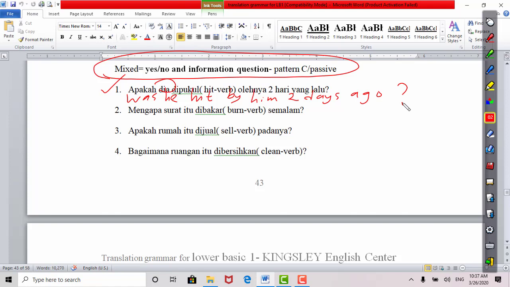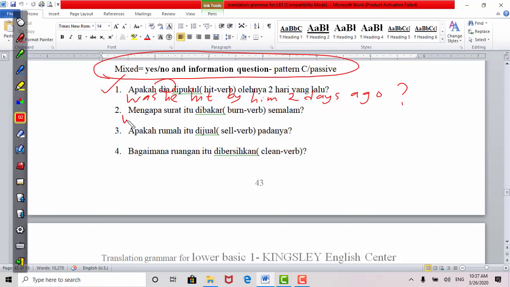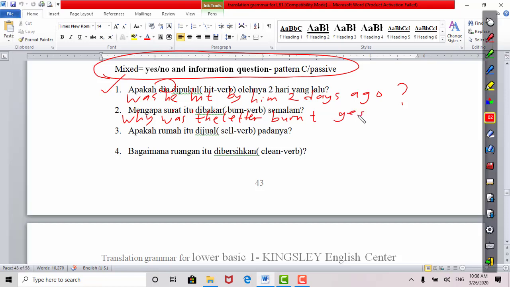Mengapa? That is the information question. Mengapa? Why? Surat itu, sorry. The letter, sorry, I repeat. I think first: Why was the letter burned yesterday?